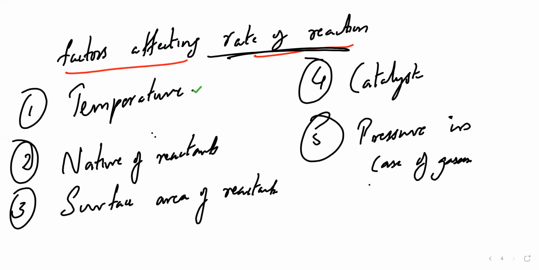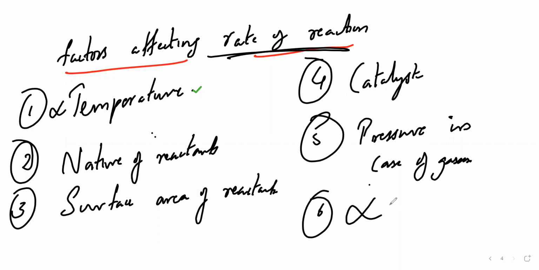Prithvi, which one is it? All the factors are directly proportional. Okay. Yes. Temperature, directly proportional. And if I want, I can add one more point. As you said, directly proportional.